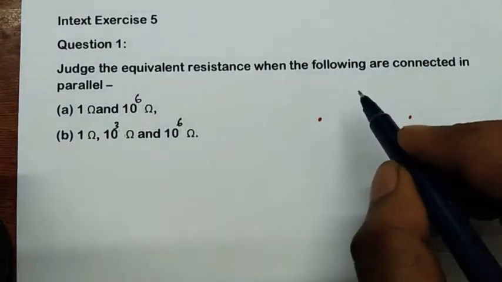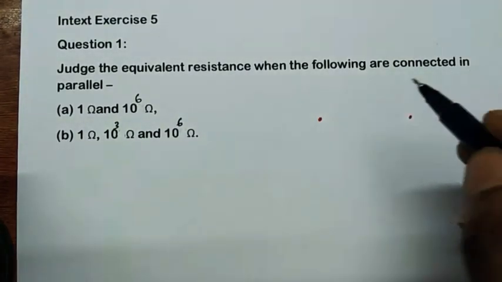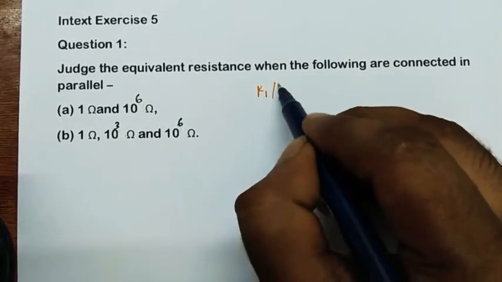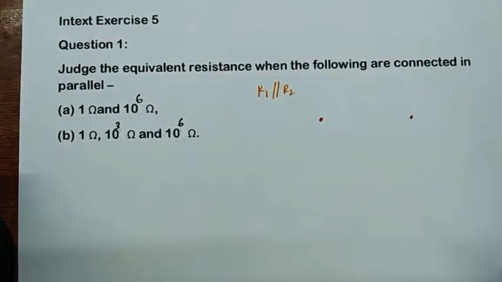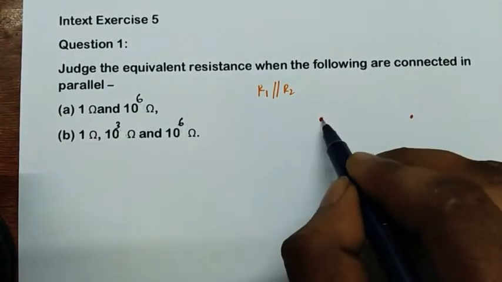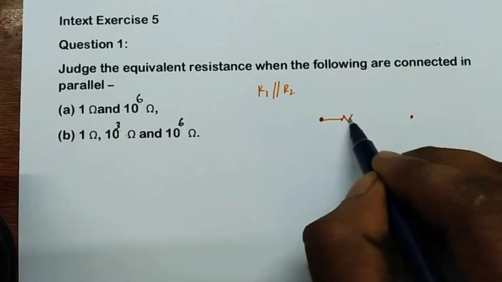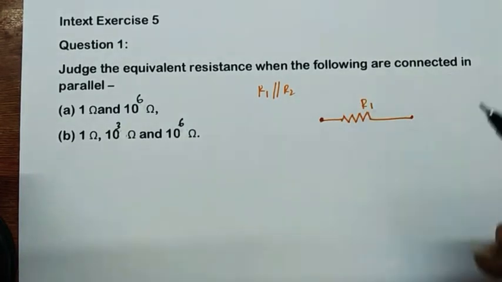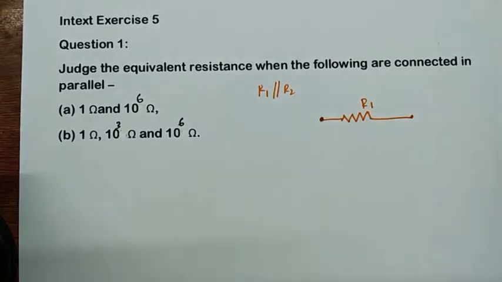If I have resistances R1 and R2, and R1 and R2 are parallel, I need to draw R1 parallel to R2. So how to draw this? If this is the R1 resistor, R1 should be parallel to R2, right?